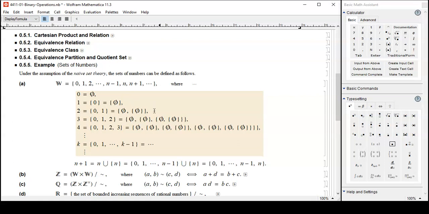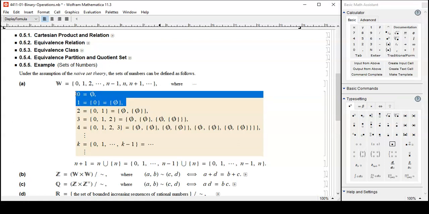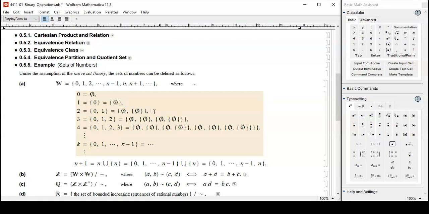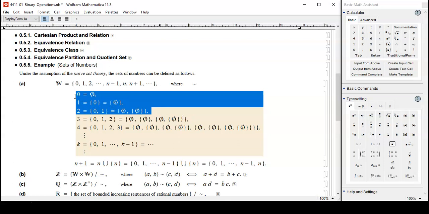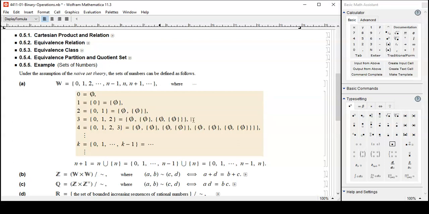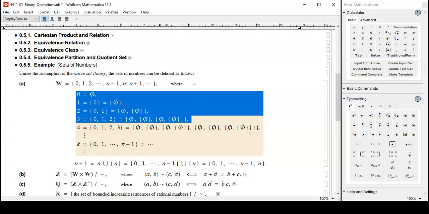Then 2 as pairing the previous numbers, and then define 3 as listing all previous elements, and then 4, likewise, all previous elements.